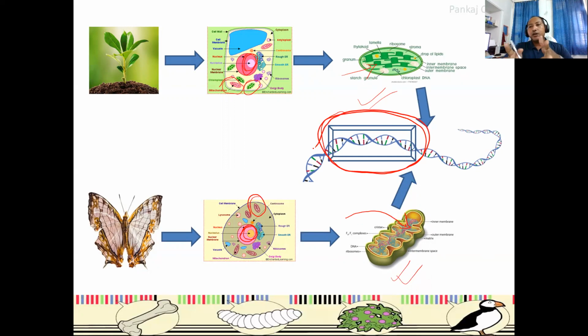We concentrate on a particular portion or section of DNA of which the size is around 700 to 1000 base pairs, and based on that particular sequence, one species can be identified, and this technique is known as DNA barcoding.